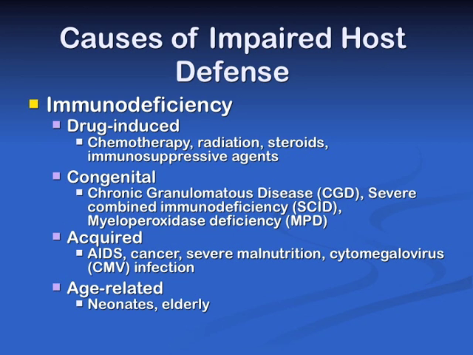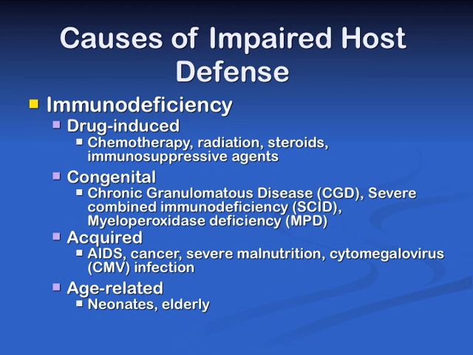In terms of the impaired host defenses, we're talking about immunodeficiency states here, right? So from a drug-induced standpoint, you have chemotherapy, corticosteroids, other immunosuppressive agents which are used to prevent or treat graft rejection or graft-versus-host disease in our stem cell transplant patients. Whole body radiation is immunosuppressing as well.